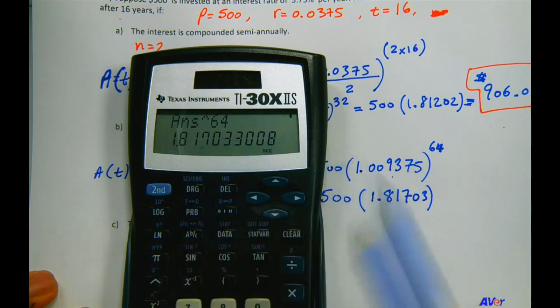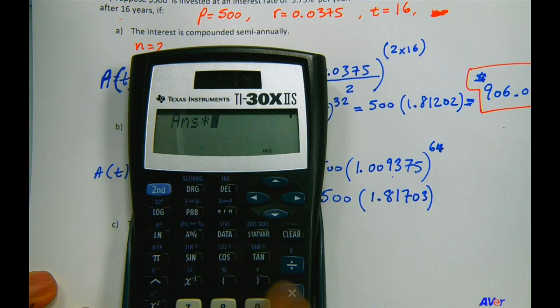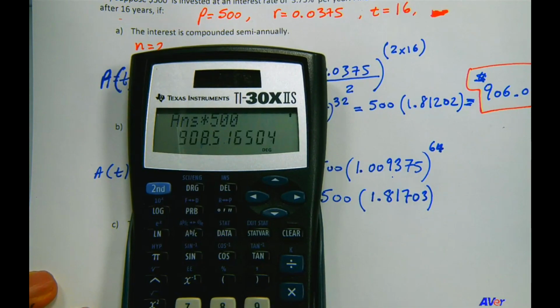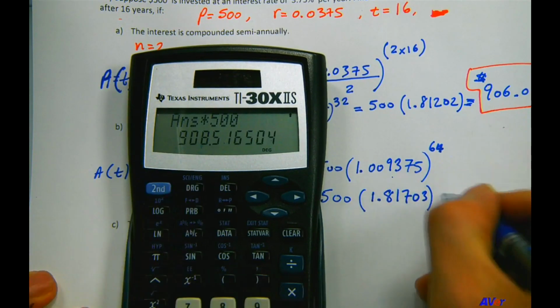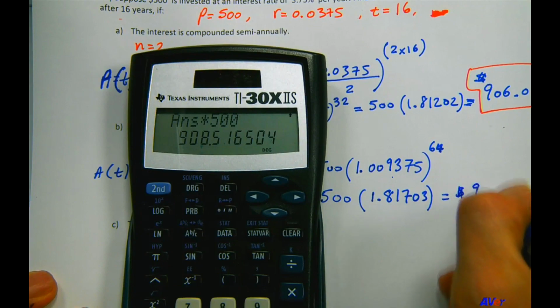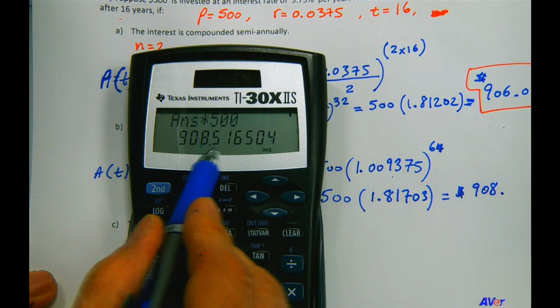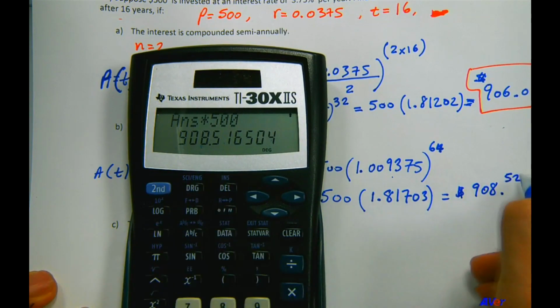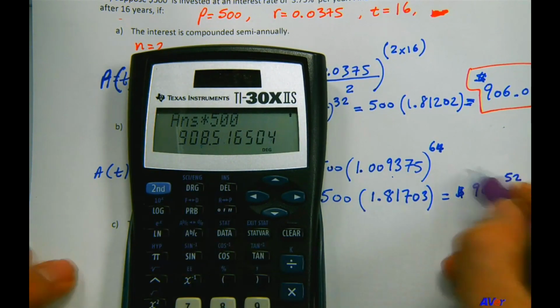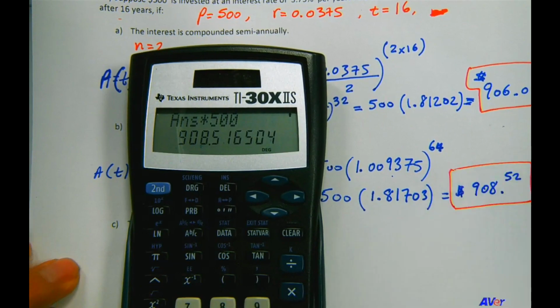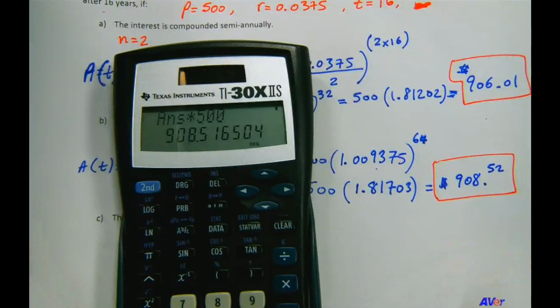So I'm not going to erase anything. I'm going to multiply this back by 500. There we have $908, and I'm going to round that to 52 cents. Like that. Okay, a little bit off the screen there, like that.